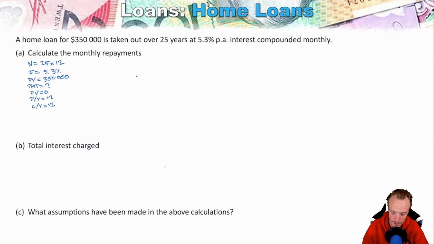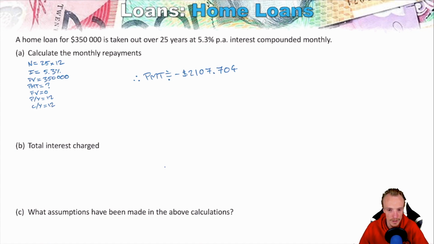So now we need to plug these numbers into our calculator to get our PMT, which when we do so, we get approximately negative $2,107, and we actually get 704 in our calculator, which under our general rounding rules, if you want to go to the nearest cent, would be 70 cents.